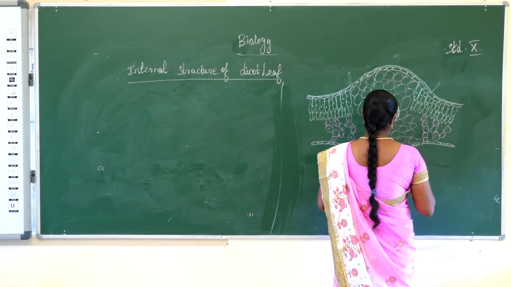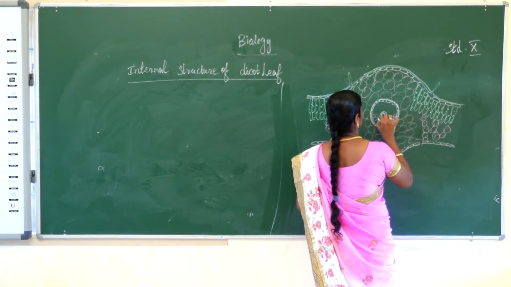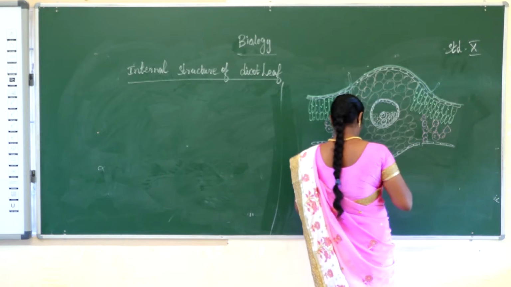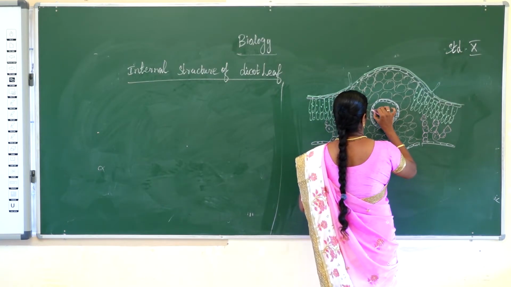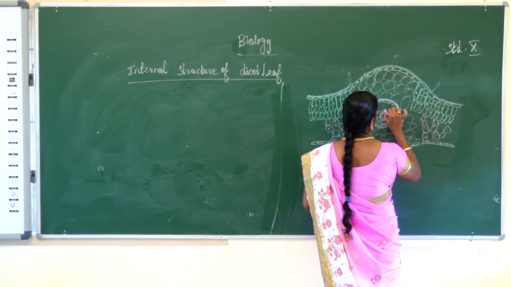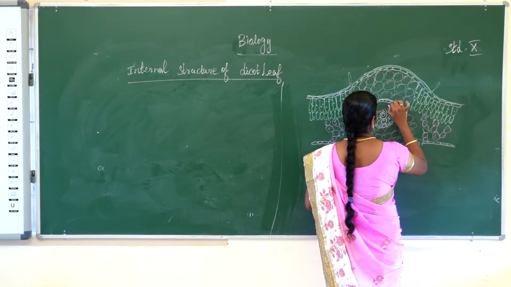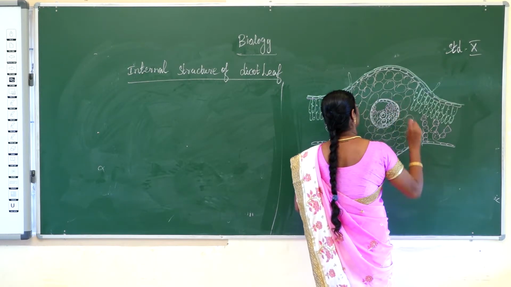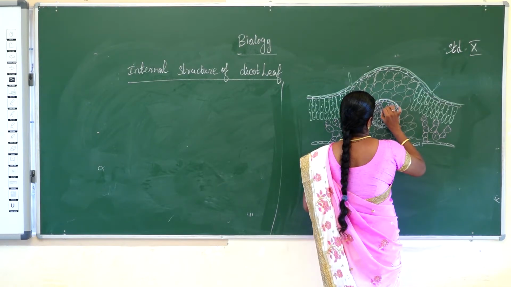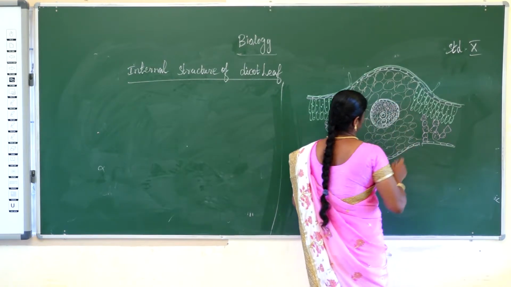Vascular bundles are surrounded by a sheath called bundle sheath. Next, phloem.